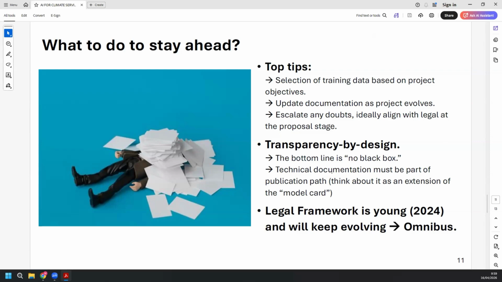So think about the technical documentation as an extension of the model card, which is already the standard. And then also think about the fact that this law is young. It only came into force in 2024, and now already they are proposing some changes to simplify it. So it'll keep going, especially with agentic AI. I think we will see some interesting developments, and that's it from my side.